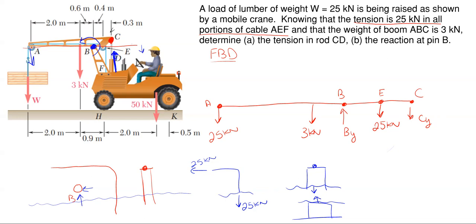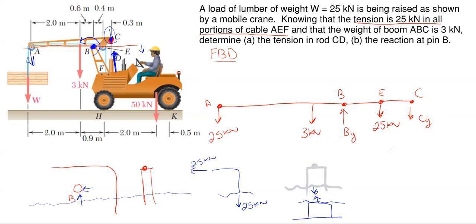It's not saying that this force is being all transferred down into the piston. It's saying that is the reaction force from the piston trying to go back downward because it's being pulled in tension. So I hope that was a good explanation about why E, the cable, 25 kilonewtons is downward, and why C sub y should be assumed downward.